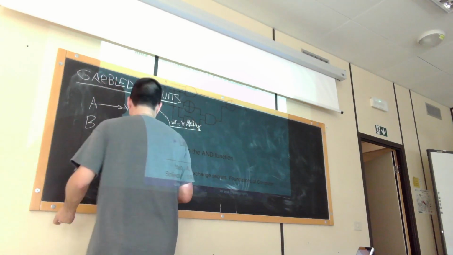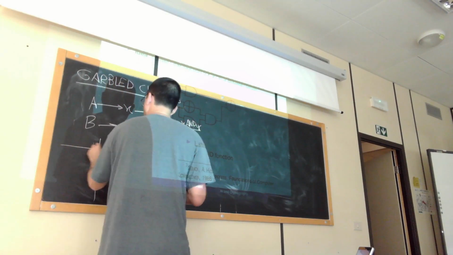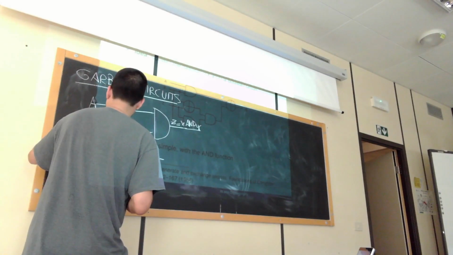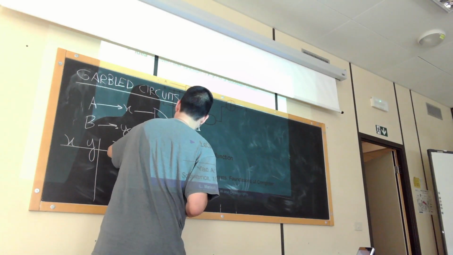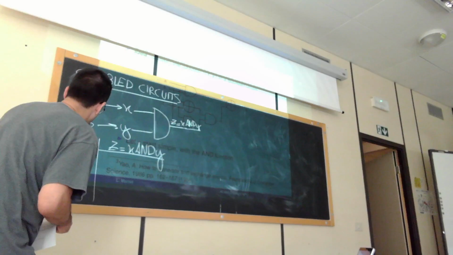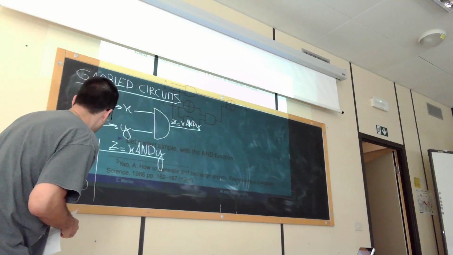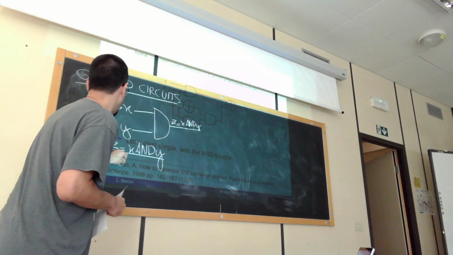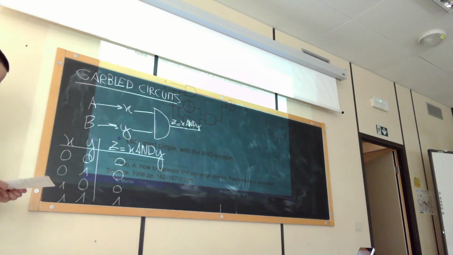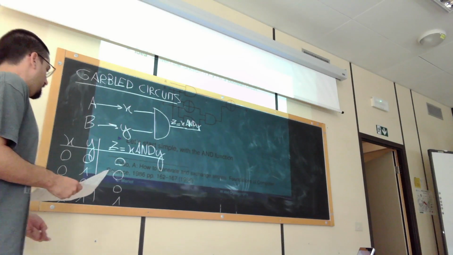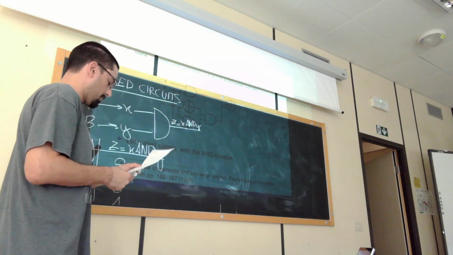The truth table is quite simple: we have x, y, and z equal to x AND y. All four possible combinations are 0,0; 0,1; 1,0; and 1,1, and the output will be 0, 0, 0, 1. All right? So this is the table of the function that we want to compute, and this is the equivalent circuit.